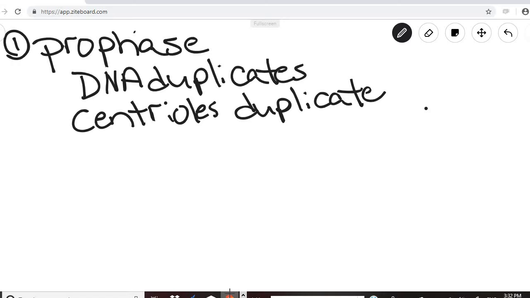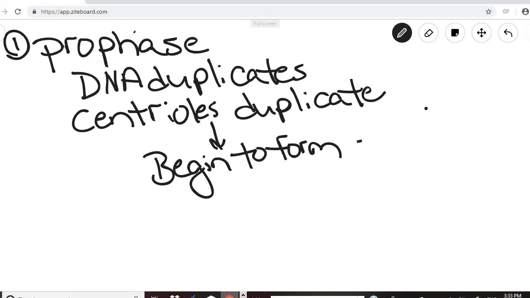So the DNA and the centrioles duplicate, and then these centrioles begin to form what are called spindles. That's what happens in prophase.